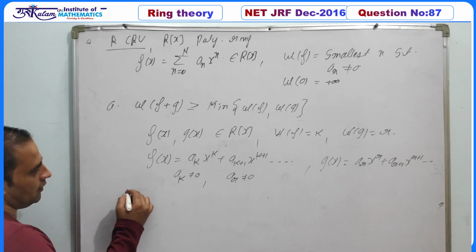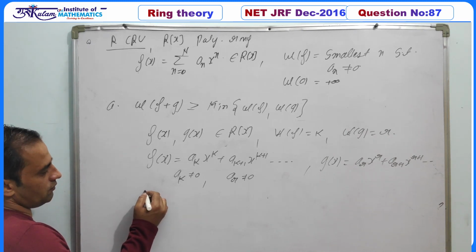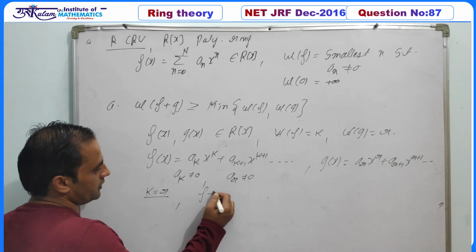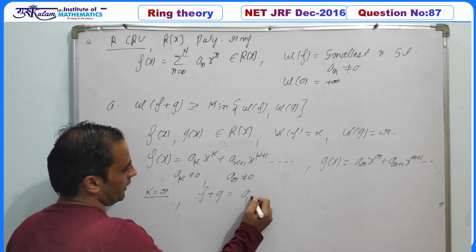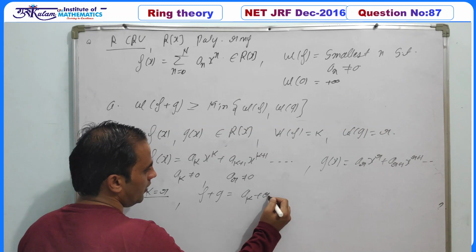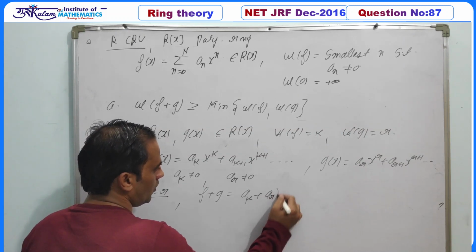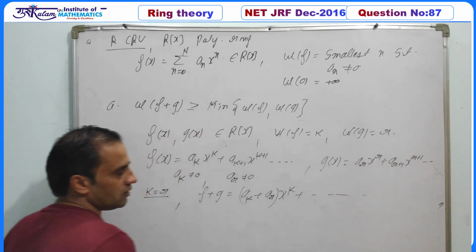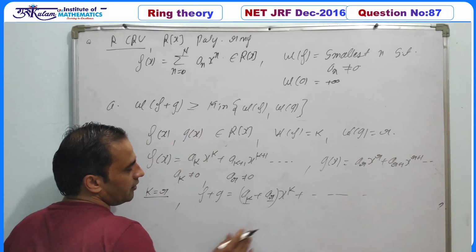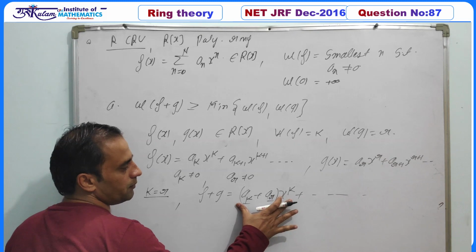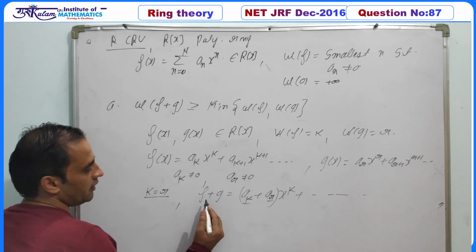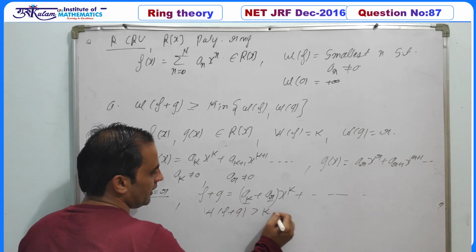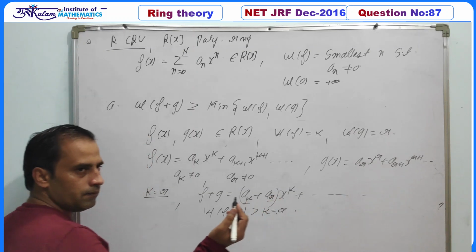Now there are three cases. First case, when k equals r, then f plus g is equal to (a_k plus a_r) times x to the power k, plus next terms. Now if these are negatives of each other, then this term must be 0. In this case, W(f+g) must be greater than k, which is equal to r.